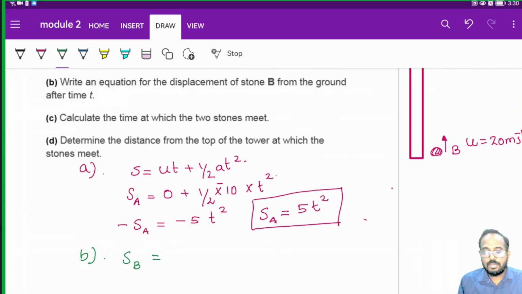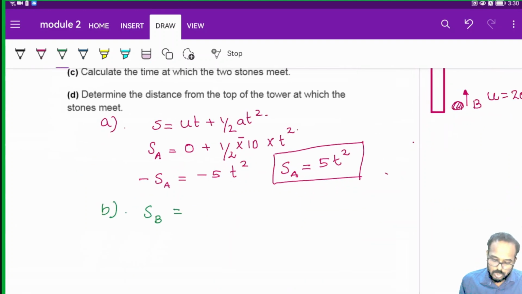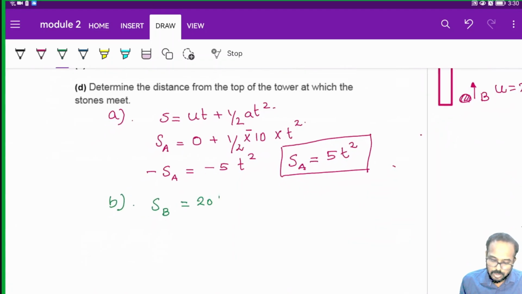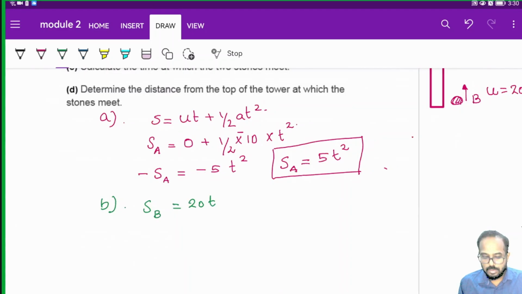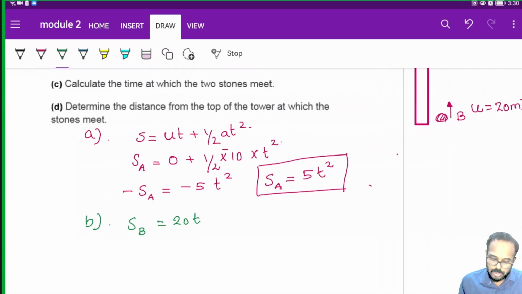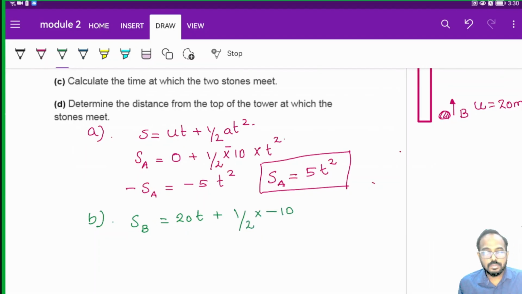they have an initial velocity, right? They're given an initial velocity because you are throwing. Throwing means there will be velocity at the initial stage. So 20 meters per second, so 20t. That u, initial velocity, is also positive because it is in the positive direction. Plus half into minus 10.